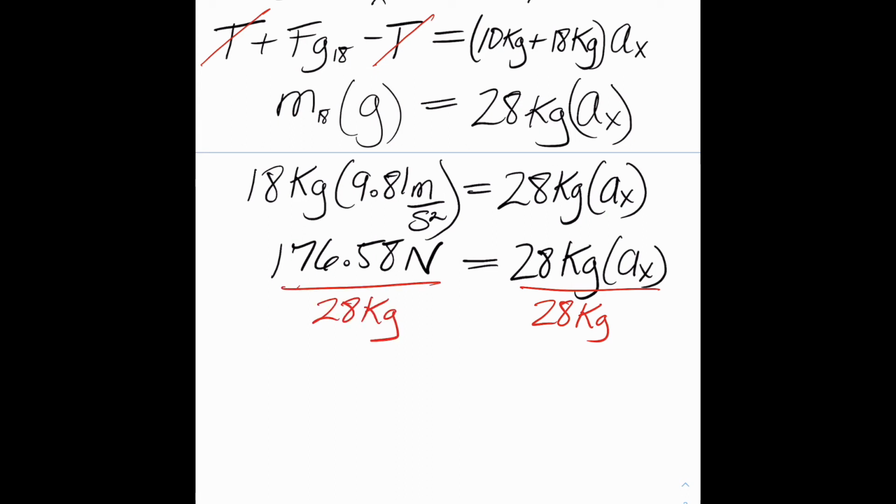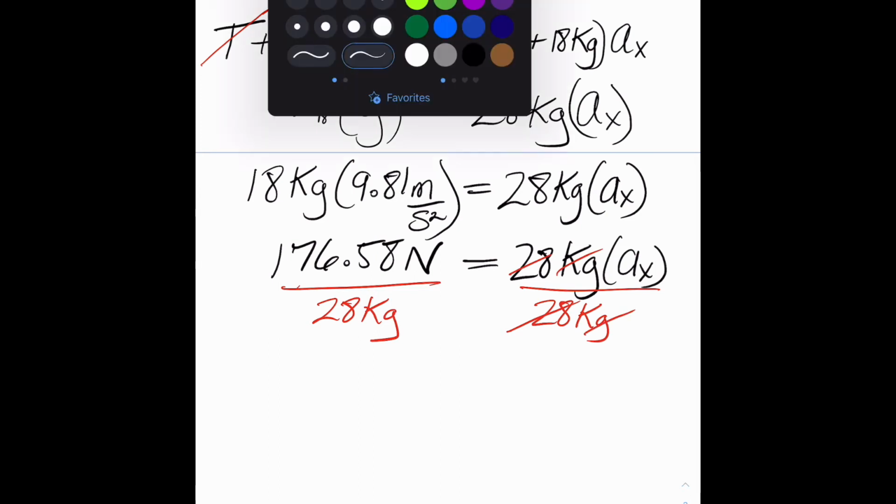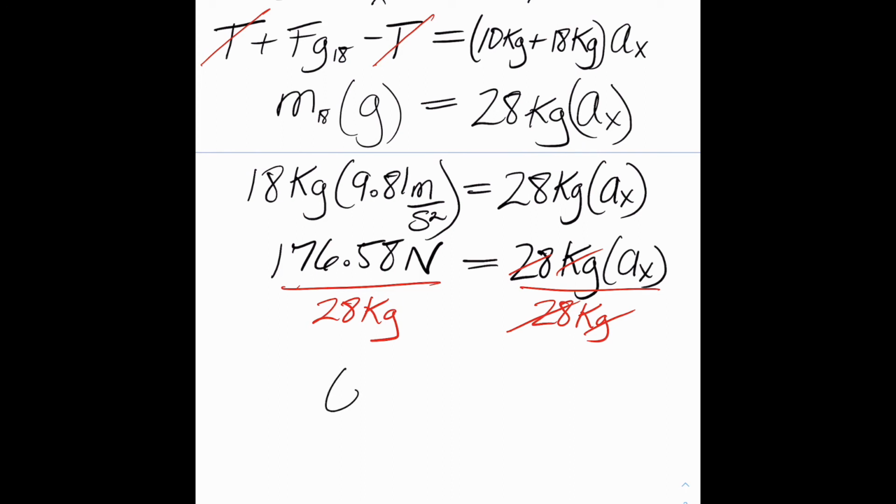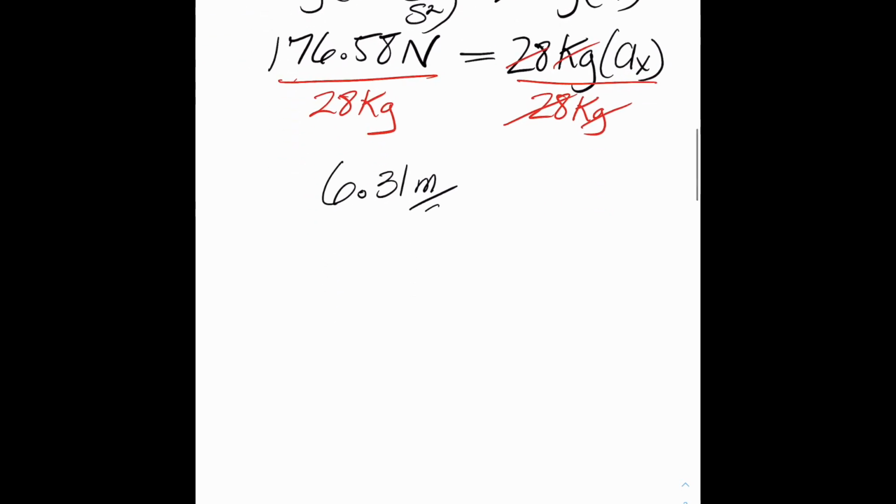And we should be able to get our answer in meters per second squared, which is 6.306. So 28s cancel, kgs cancel. So what I'm saying here is on this side, it's about 6.31 meters per second squared.